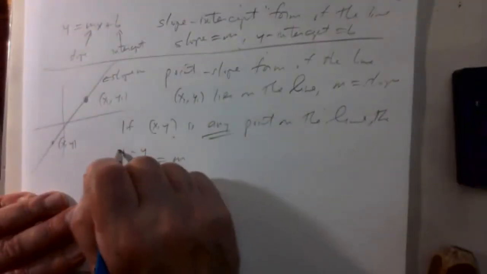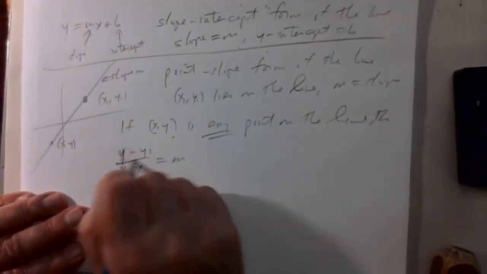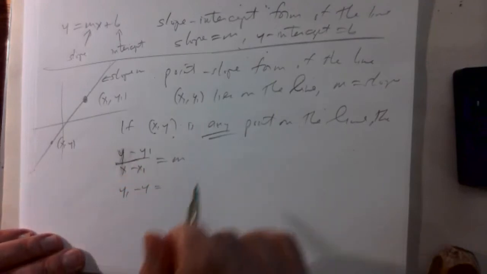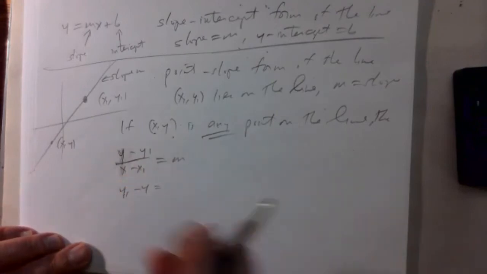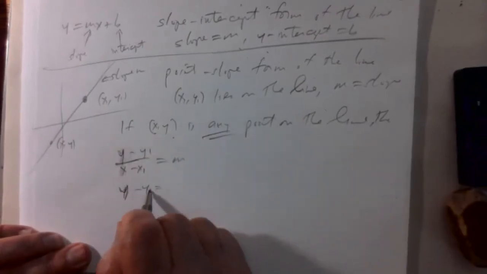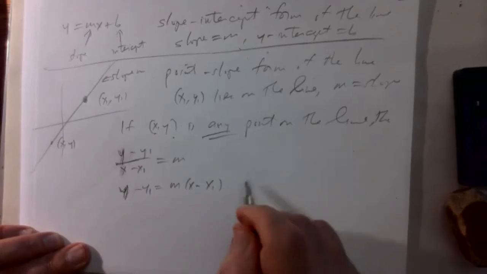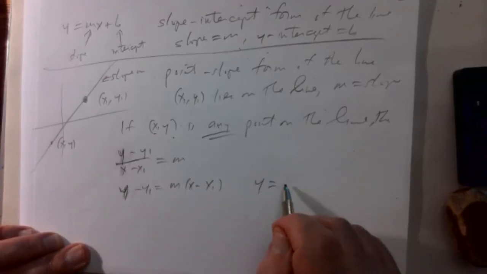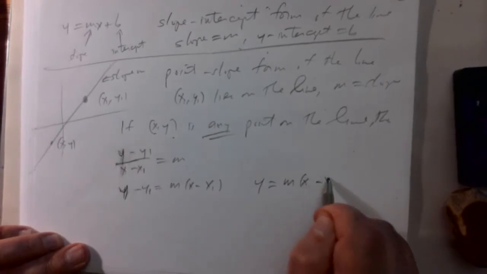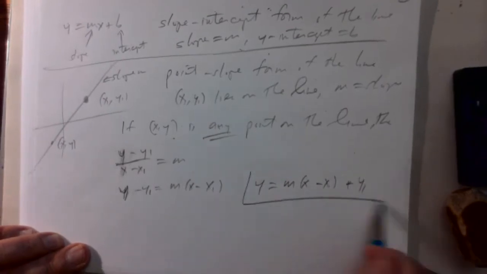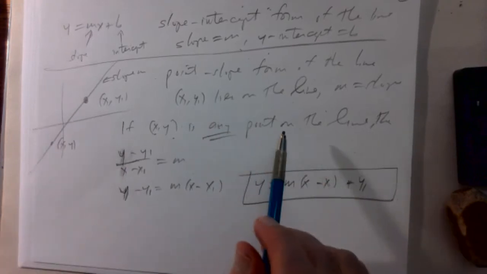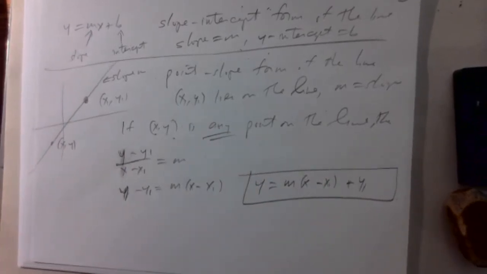I can also write this as y minus y1 over x minus x1 is equal to m. So y minus y1 is m times x minus x1, or y is equal to m times x minus x1 plus y1. So this is the point slope form of the line.